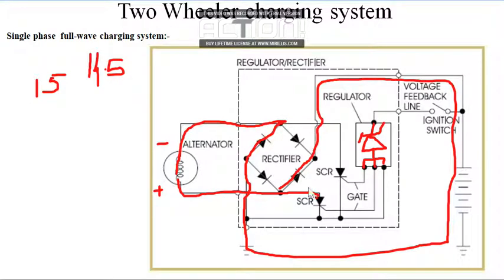So the reverse-biased Zener diode is supposed to conduct. Whenever it conducts, power also starts flowing through this Zener diode in reverse bias condition. It gives it to this SCR third leg also. As soon as the SCR third leg gets triggered, the current passes through the SCR and gets earthed.